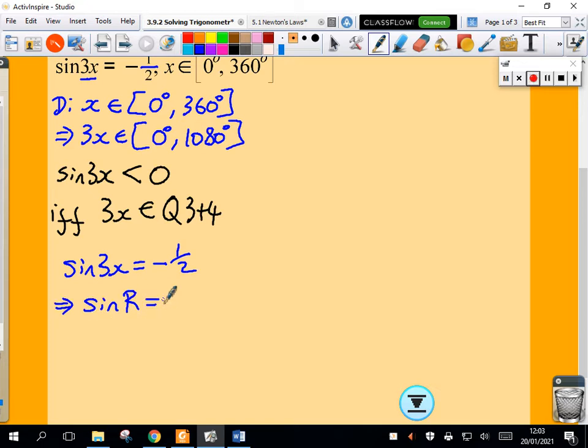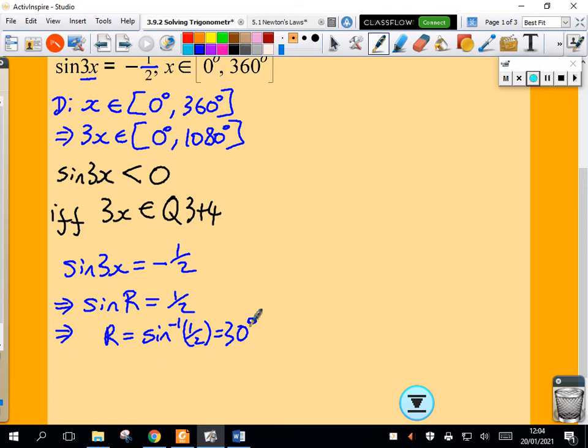The sine of the reference angle is always the absolute value of the sine of the angle. So it's the absolute value of negative 1/2, which is a half. If you know your special angles, you should figure out here that the reference angle has to be 30 degrees. If you don't, you can type into your calculator sine inverse of 1/2, and that will tell you the reference angle is 30 degrees. But really, you want to know that at this stage.